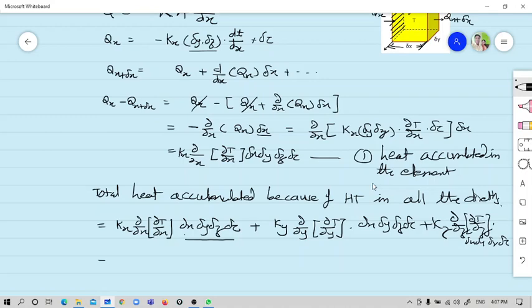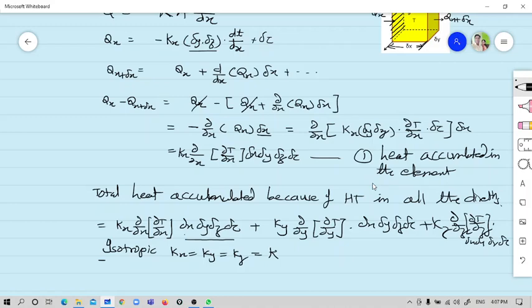Further, I assume that this material is an isotropic material. Isotropic material means the material in which the thermal conductivity is the same in all the directions and does not depend on the direction in which heat is being transferred. That means kx is equal to ky equal to kz. Let us call it some conductivity k.